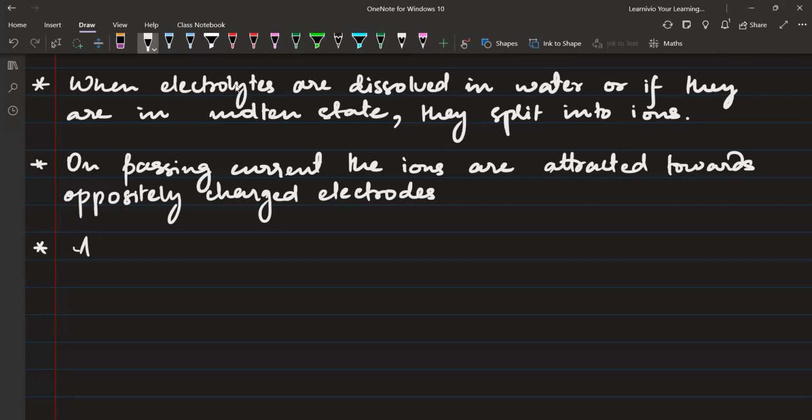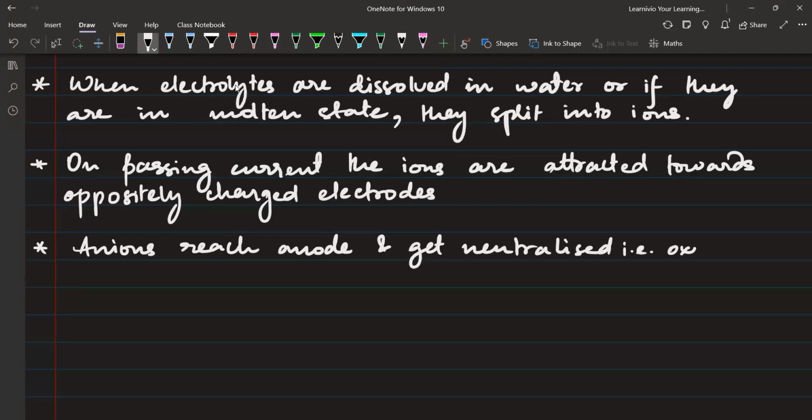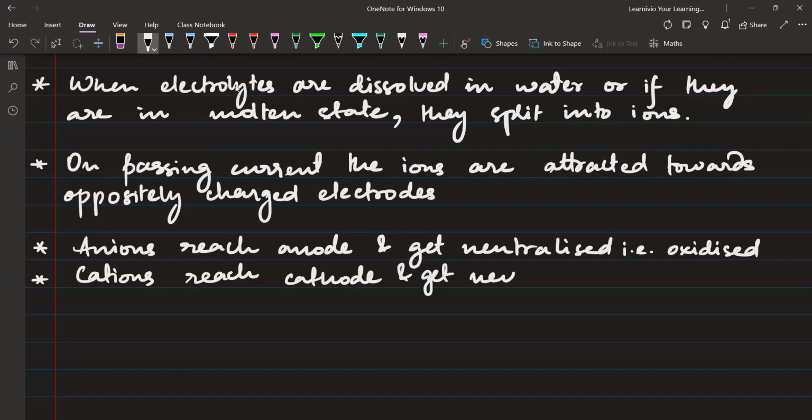Next point, anions reach the anode and get neutralized. That is oxidized. Cations reach the cathode and get neutralized.